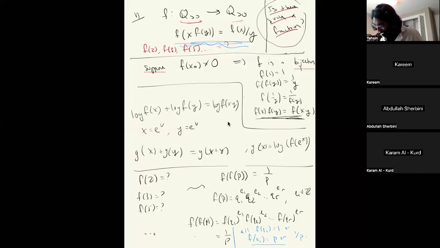Why would they have to be one? Sorry, say again? Why would they have to all be one? No, I'm not saying they all have to be 1. What I'm saying is there are two cases, right? For each i, f of qi is 1, or it's p or 1 over p. And I'm saying the second one can only happen for one of the primes.